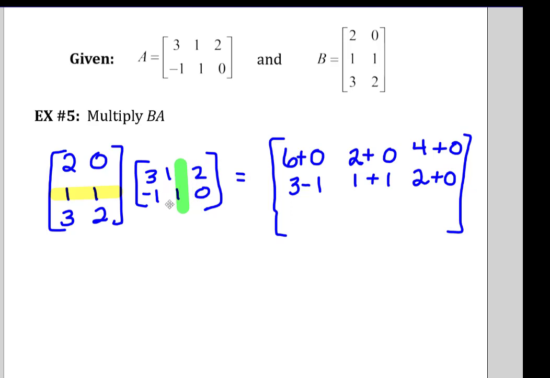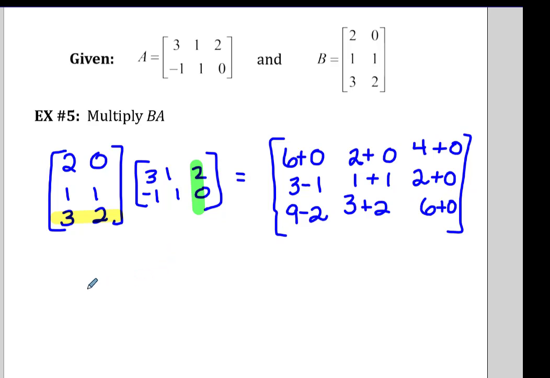And then we'll take this back to column 1 and go down to row 3 and repeat that: 3 times 3 and 2 times -1. Moving over to column 2, 3 times 1 and 2 times 1. And finally moving over to column 3, 3 times 2 and 2 times 0.